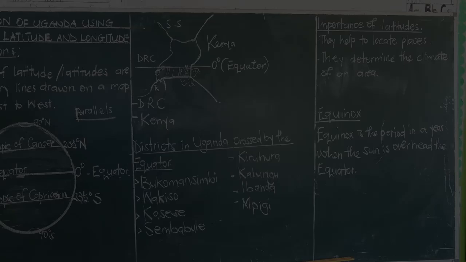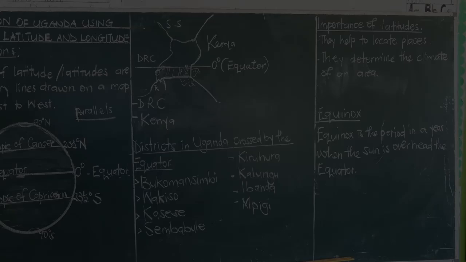Then we have the longitudes, and there we have 29 degrees east and 35 degrees still east.